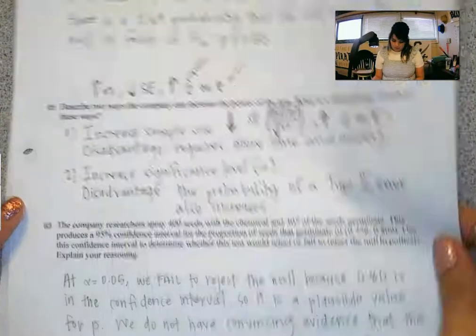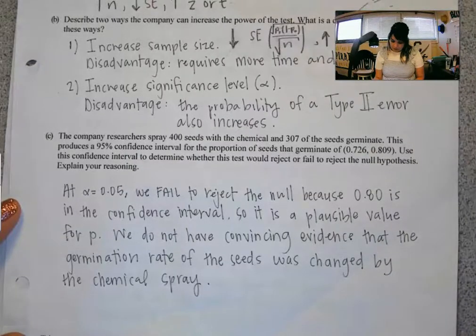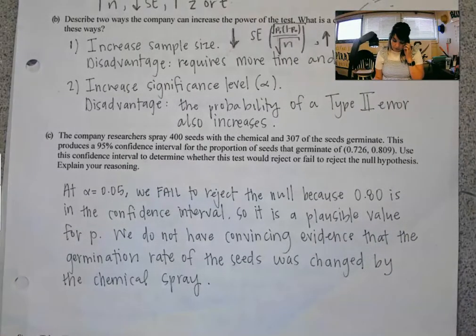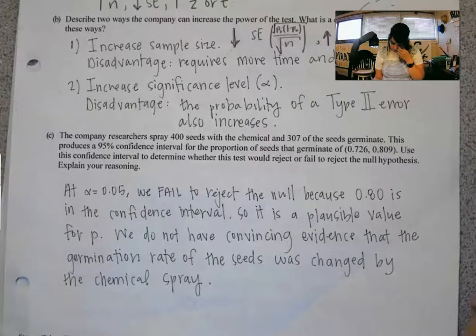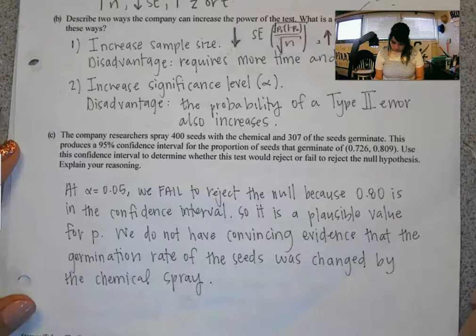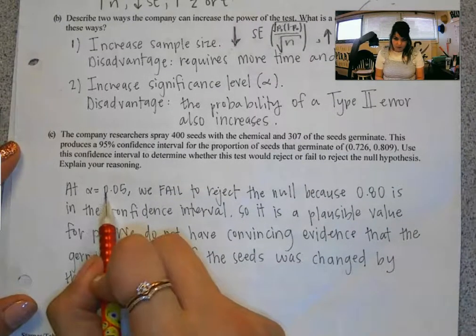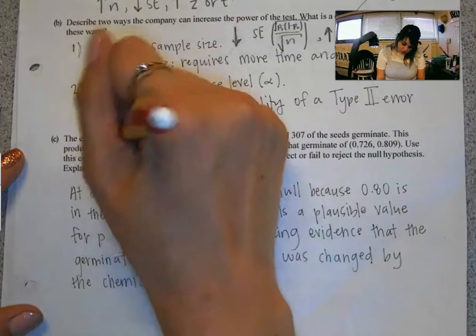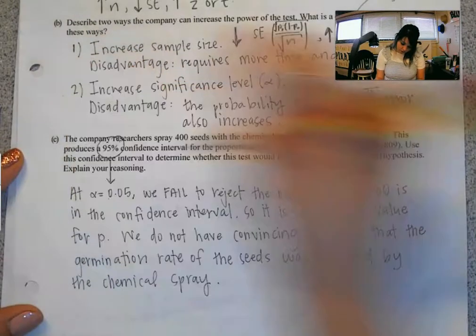Okay, then the last one, use the confidence interval to determine whether we would reject or fail to reject the null. So at alpha equals 5%, where did I get 5%? Because your confidence interval is 95%.